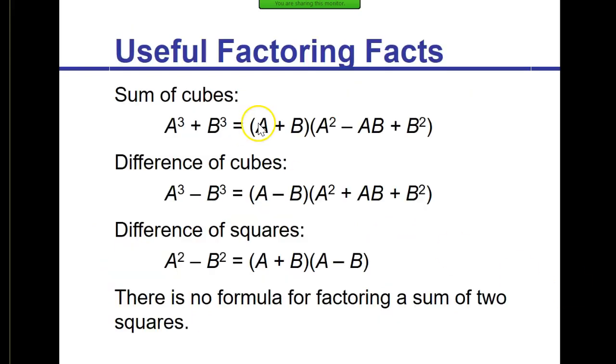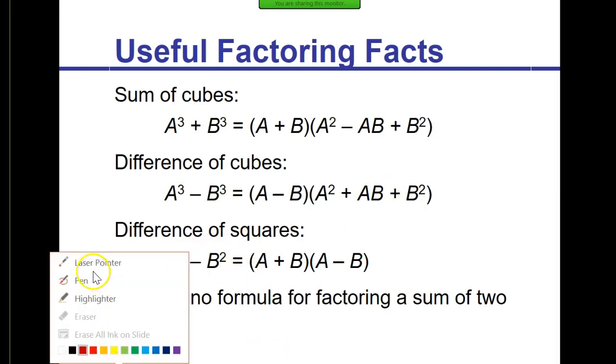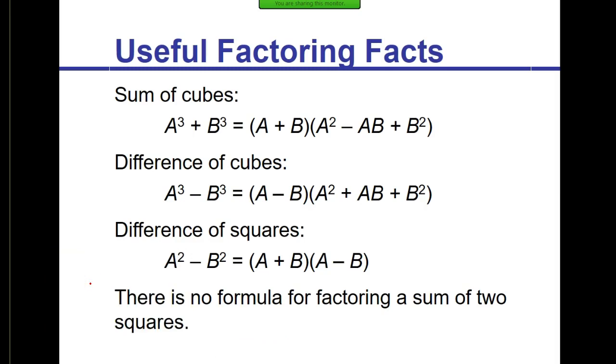So here's a summary. If I see two terms, I need to ask myself, are they perfect cubes? Are they perfect squares? The sum and difference of cubes can be factored, and only the difference of squares can be factored. A sum of squares cannot be factored, and let's check for why.